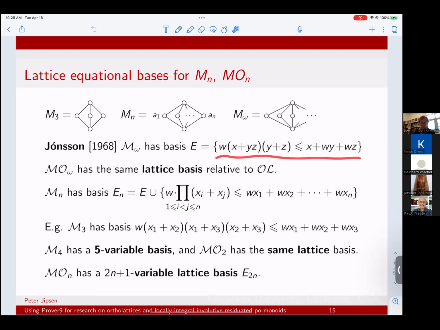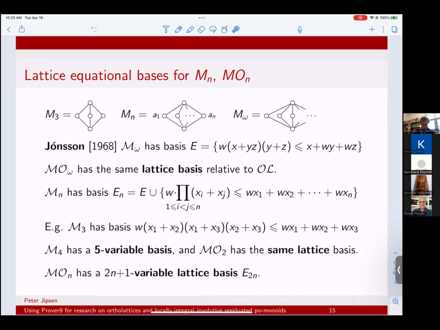You can use this lattice equational basis for that variety. For Mn in lattice theory, this is also from Janssen's paper, we have to be more expressive. You have to be able to talk about something having exactly n atoms. And so, for example, for M3, we have this basis.